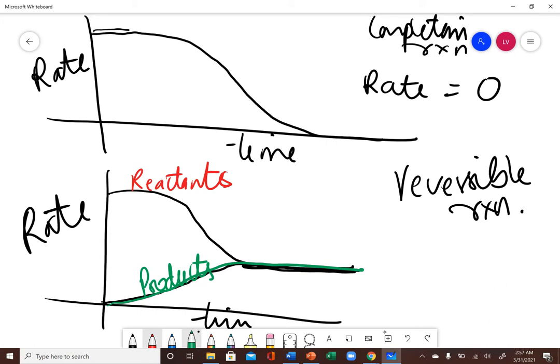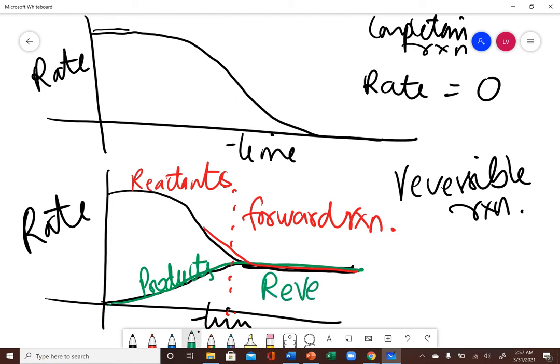So this point where the rate of the forward reaction equals the rate of the reverse reaction. Do you notice that the rates are equal?